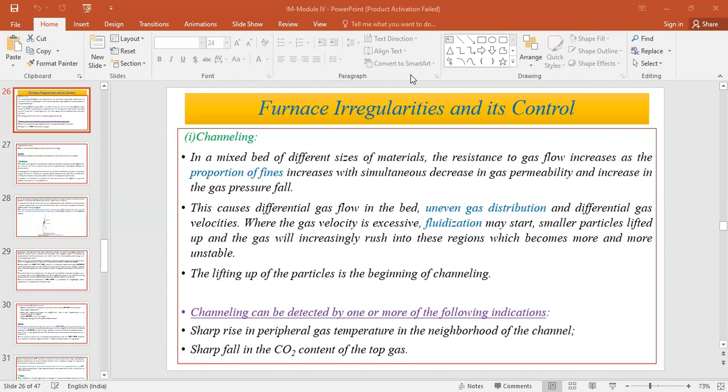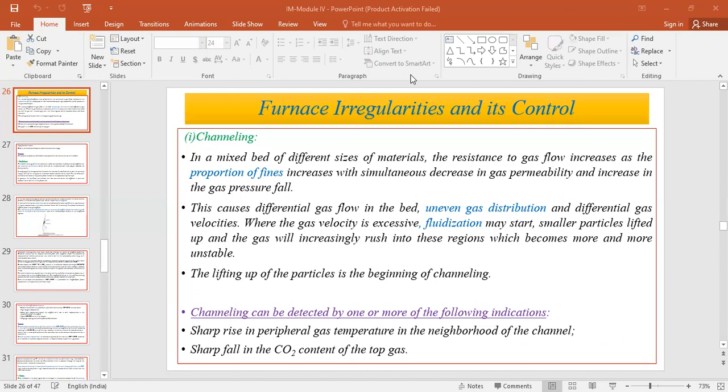One of the reasons for this channeling is the generation of fines inside the blast furnace. As we all know, the burden consists of different kinds of raw materials with different sizes and shapes.